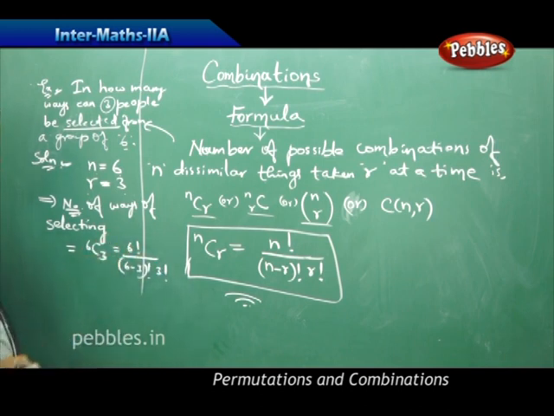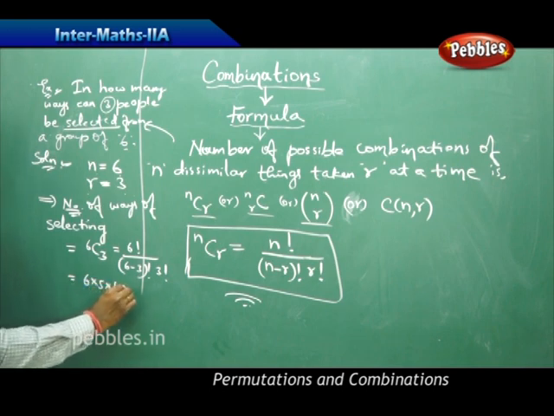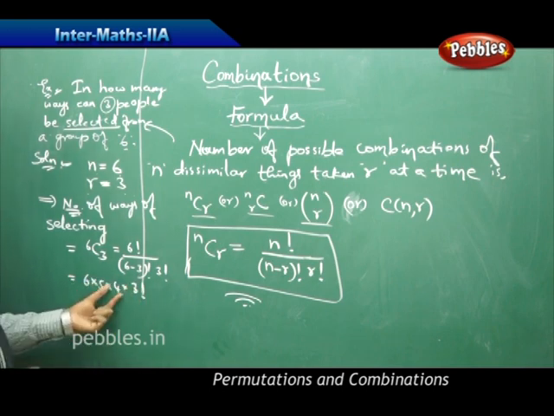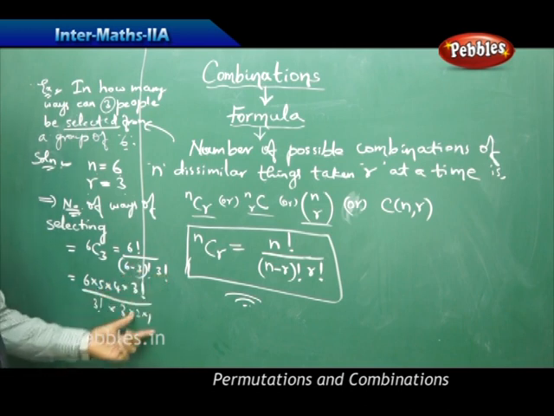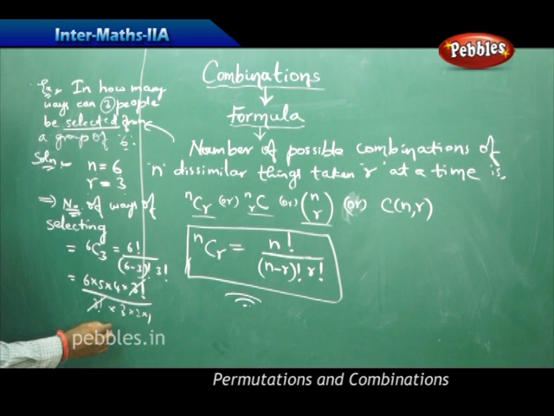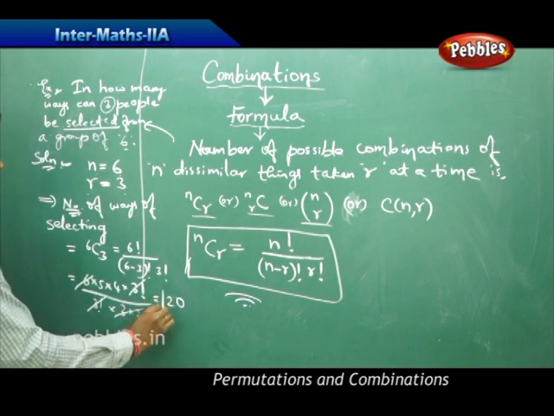which can be simplified as 6 into 5 into 4 into 3 factorial, because it ends with this, using the factorial formula. And 6 minus 3 is 3 factorial, and 3 factorial is 3 times 2 times 1, so I cancel this. 3 twos are 6 and 6, I get 5 fours, 20.